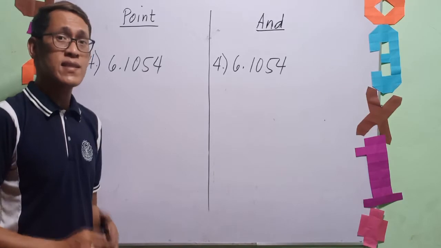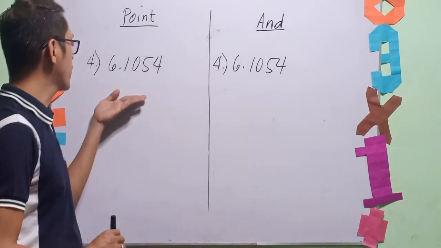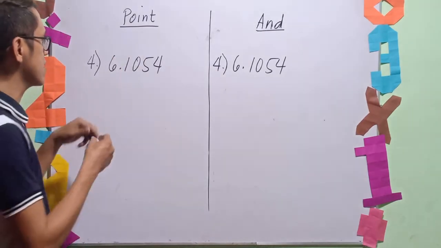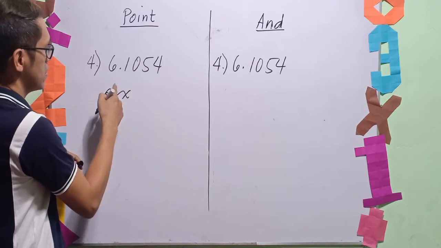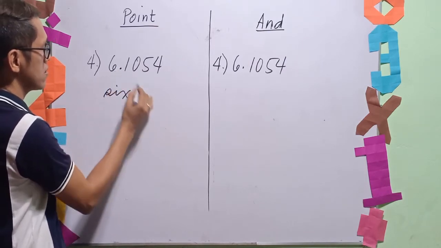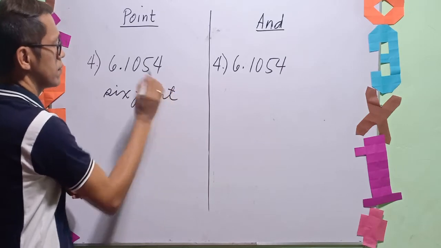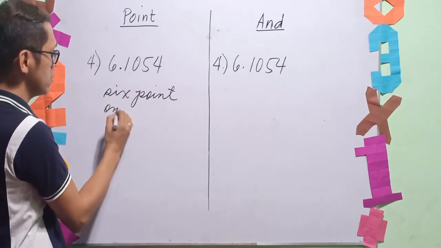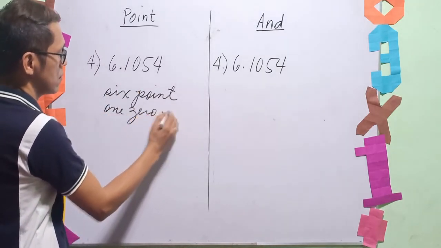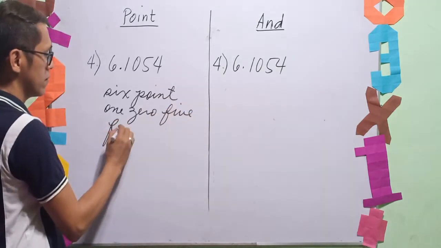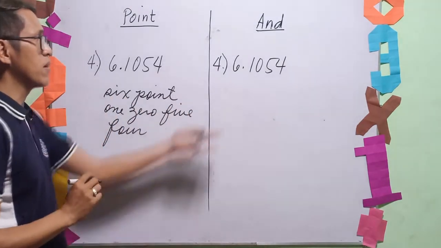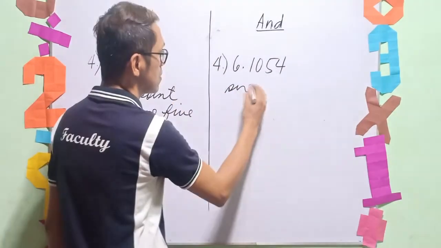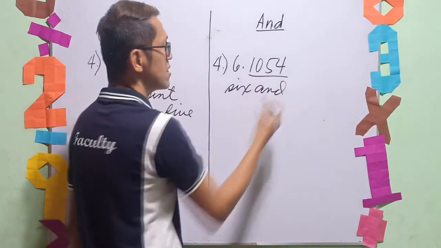Now let's have one more example. Let's have number 4. Let's use again point for the decimal point. So it's 6 point. 6 point what? Yes, read this one by one. 6.1, 0, 5, 4. What about if I use "and"? There is a whole number 6. So it's 6 and. Again, read this as a whole number.